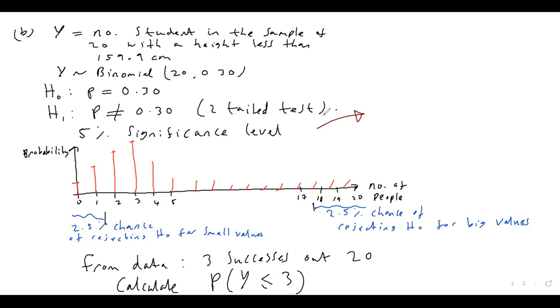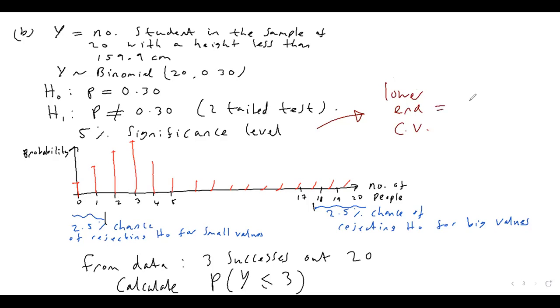So the key thing to bear in mind with this kind of two-tailed significance level test is that if we've got a critical value, let's say in the lower side, I'm going to call my lower end critical value capital L. When I say lower end, I'm talking about the small numbers of successes we could have.